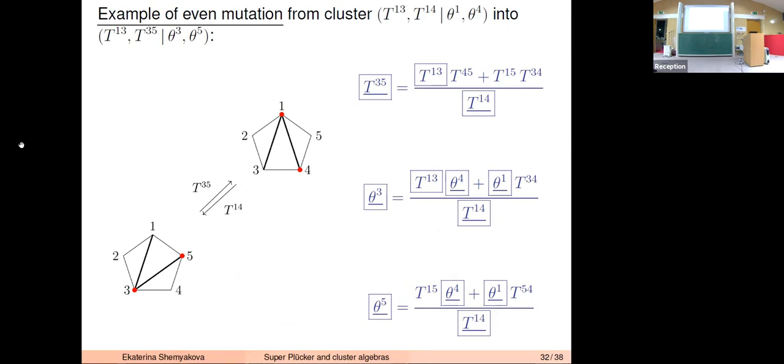I think after fixing frozen variables, yes, frozen is fixed, I think we could easily see it. So it's the same.